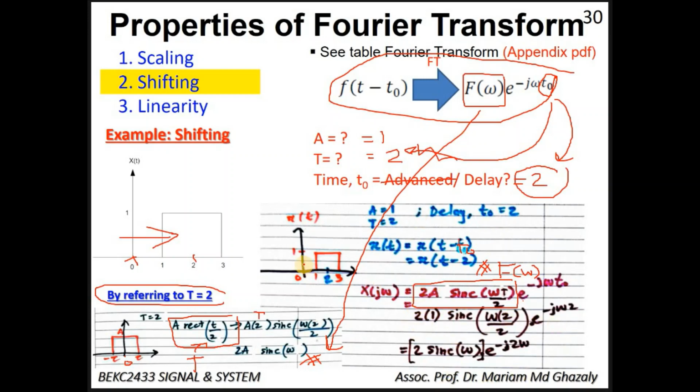So you have 2, a is equal to 1, amplitude 1, sinc omega T, T is 2, 2 over 2, dot e to the minus j omega t naught. When you simplify it, then you will get 2 sinc omega e to the minus j 2 omega.